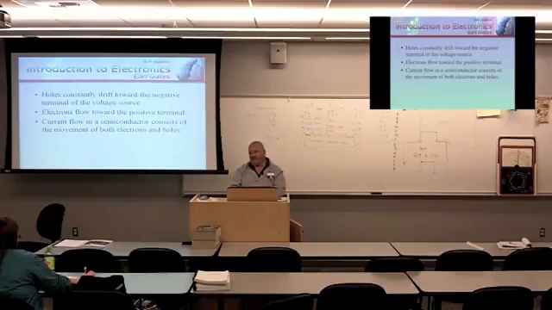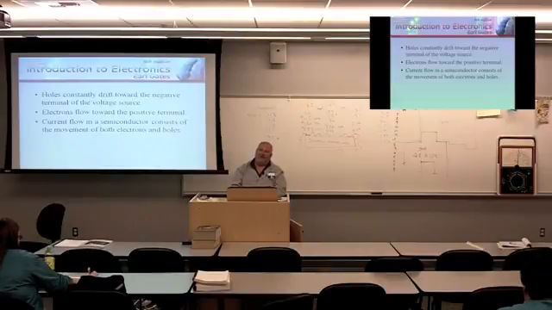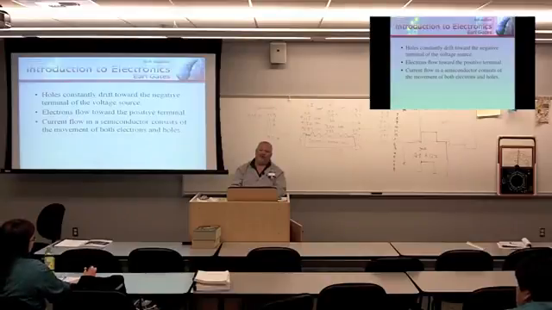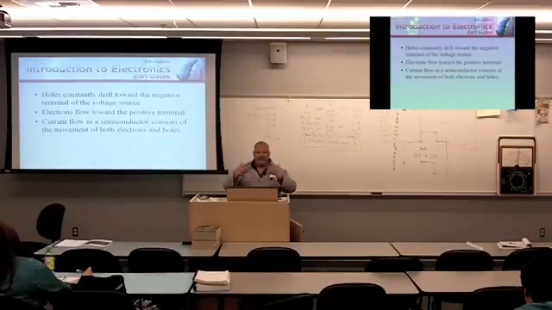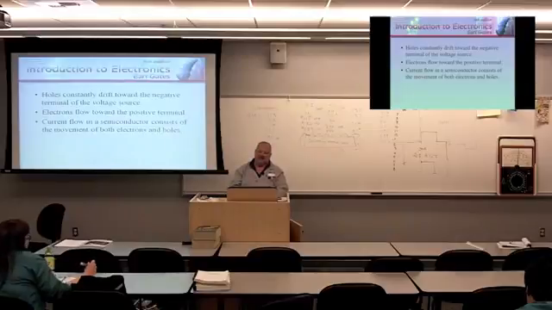The negative terminal of the voltage source. If you're an electron, what do you want to do? Fill a hole. What are your best chances of filling a hole? By hanging out on the negative terminal as the holes are attracted to you. Does that make sense? So this is just a fundamental physics property of this drift that's going to take place. Now, electrons flow towards the positive terminal because they want to fill the holes.